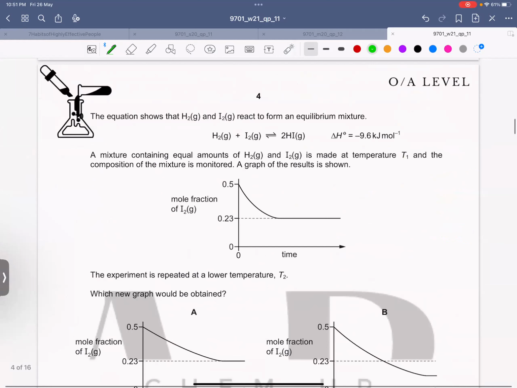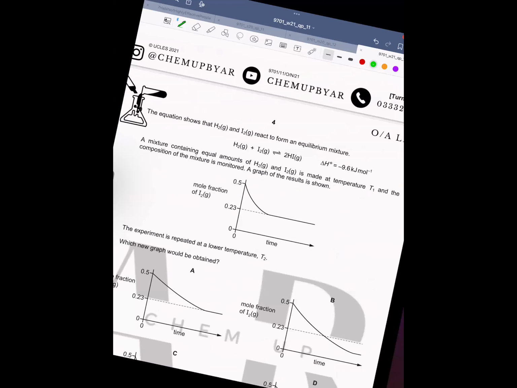Now for question 10, the equation shows that hydrogen and iodine gas react to an equilibrium. At temperature T1 the composition of the mixture is monitored, and a graph of the result is shown.